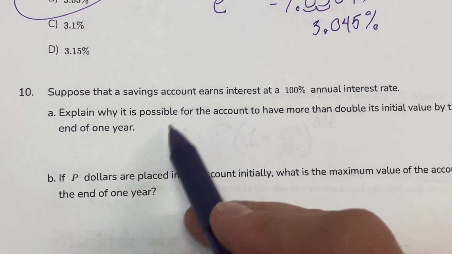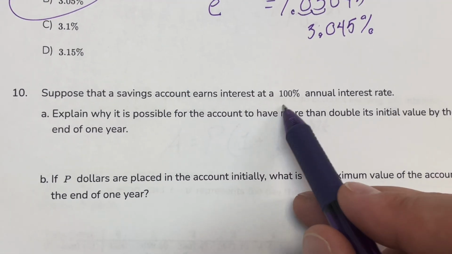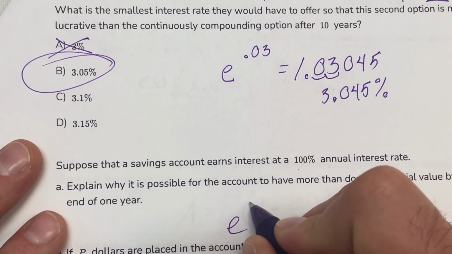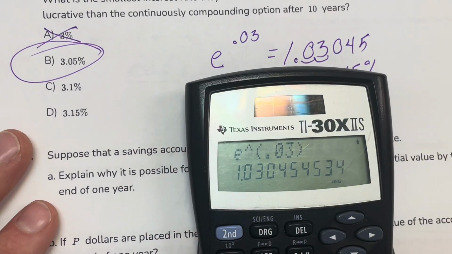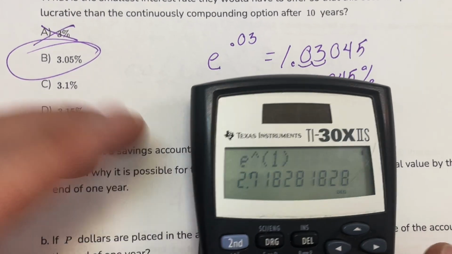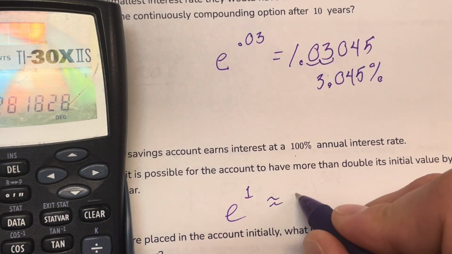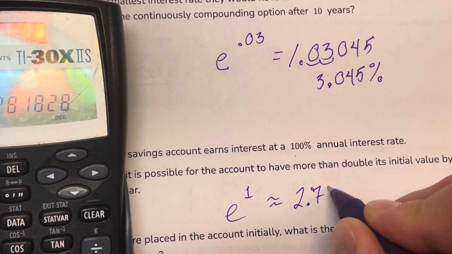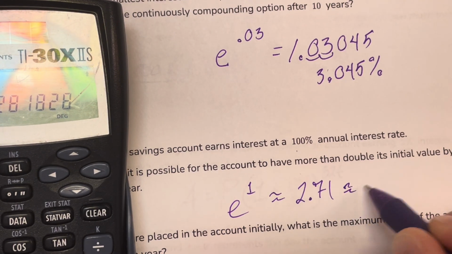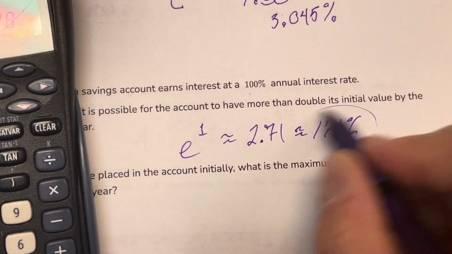It's a continuous annual interest rate, but it's possible for that 100% to be applied continuously. If we did e to the power of 1, e to the power of 1 gives us 2.7. So our annual growth factor is 2.71. If we take away 1 whole off of that, that's equal to 171% growth annually each year.